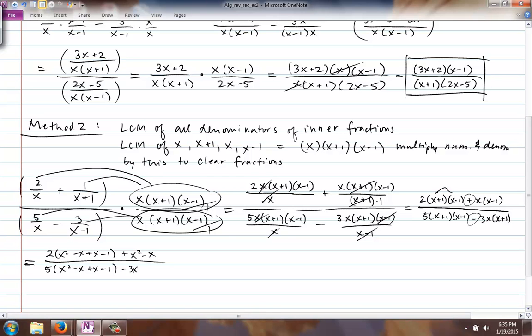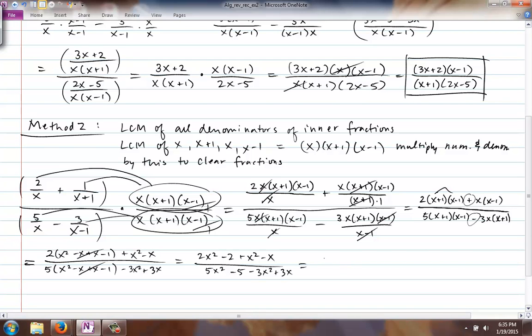Minus 3x squared plus 3x. So continuing here, notice that those sum to 0, so I have 2x squared minus 2 plus x squared minus x all over 5x squared minus 5 distributing minus 3x squared plus 3x.